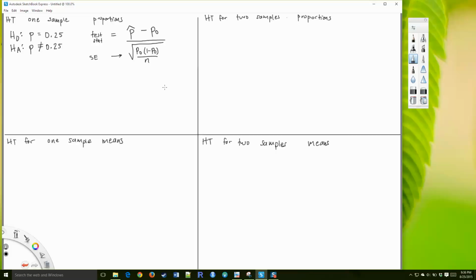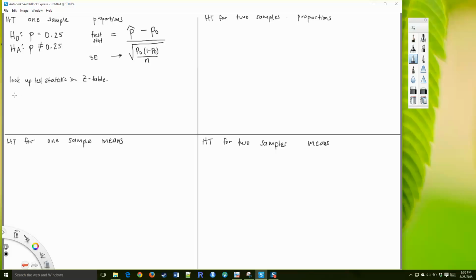Is that okay? And then what do we do with our test statistic? We look up the test statistic in the Z table.